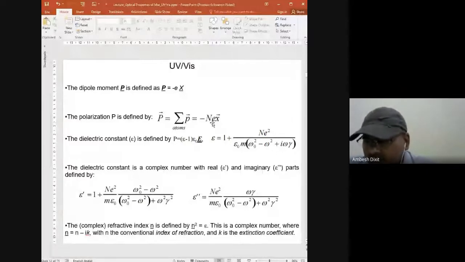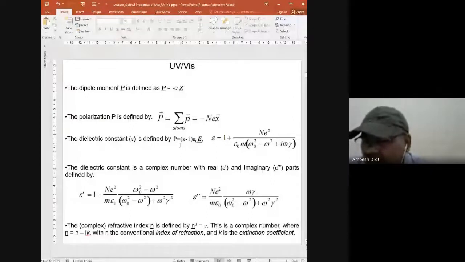Now, with respect to the dielectric constant, if you recall your first chapter of electrodynamics, electrostatics, we define the polarization P equal to epsilon minus 1 times epsilon naught E. And then I got this expression, P equal to N e square times E over this particular factor.